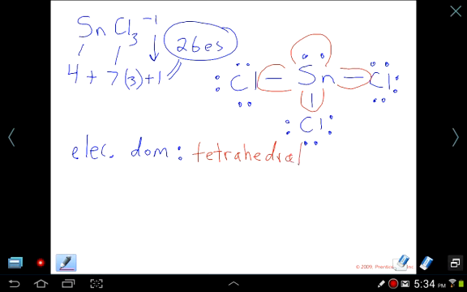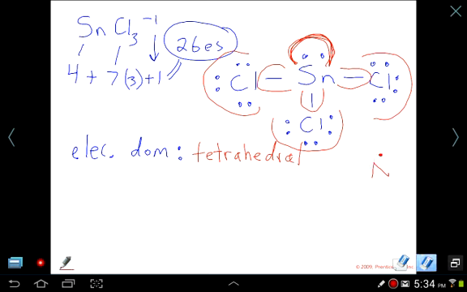Now, not all of these are bonding. In fact, you have a non-bonding pair up here. So pretend that this is invisible now in terms of the rest of the atoms, and the rest of the chlorine atoms on the outside will bend down and technically give you this sort of arrangement right here. Because you can't see the top pair of electrons, this portion will disappear, giving you essentially a trigonal pyramidal arrangement.